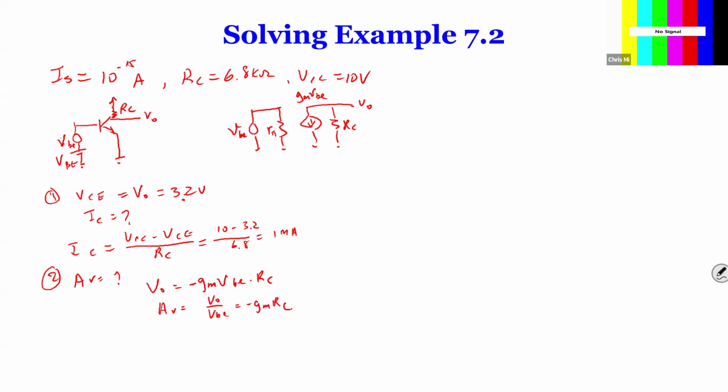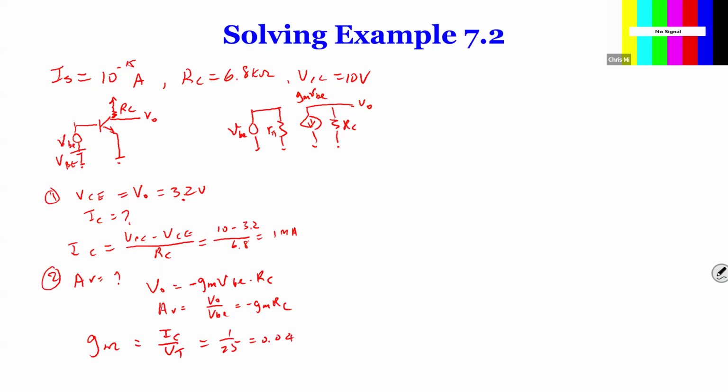So all we need to do here is really just to find the relation between VO and VBE. I mean, to find gm, right? In order to find gm, if we remember the expression for gm, from here we know that this IC is 1 milliamp and VT is 25 millivolts, so it's 1 over 25, 0.04.